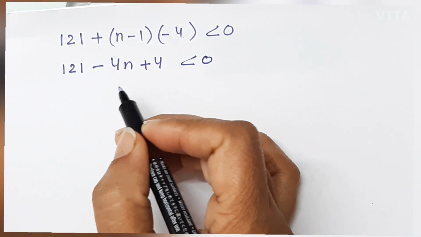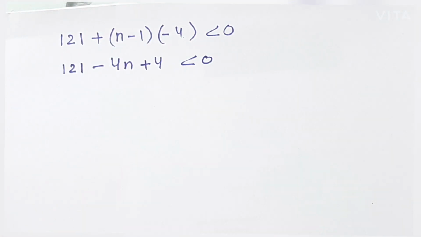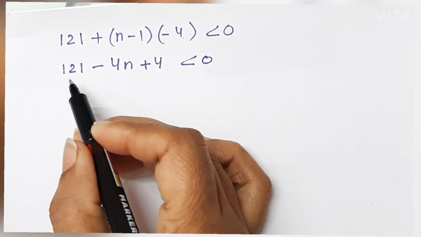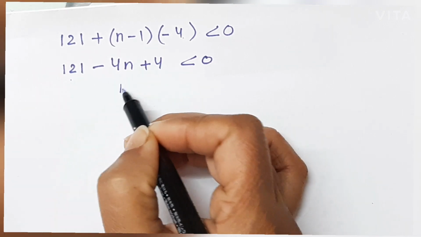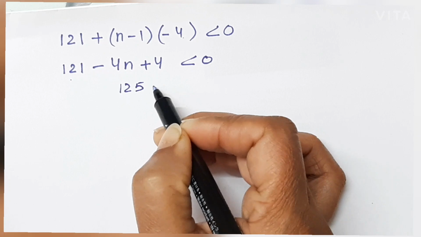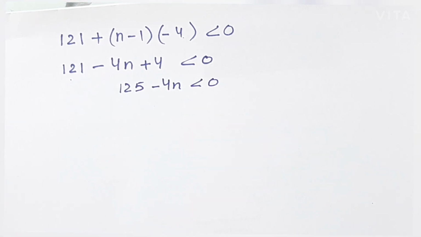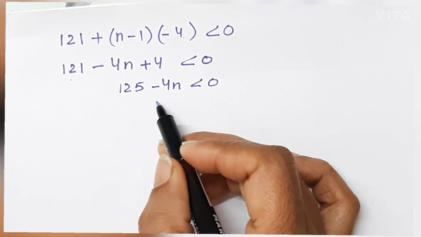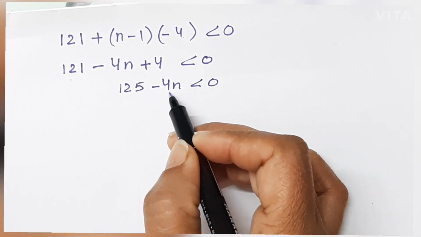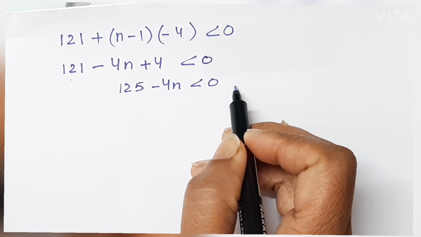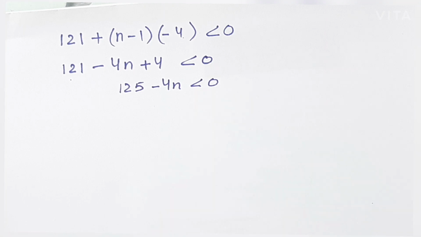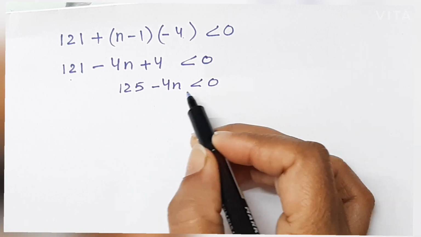Clear? So here what we are going to get is 121 plus 4 is 125 minus 4n is less than 0. Now students, you know how to solve an inequality. Minus 4n will shift to that side and the inequality sign will remain same.